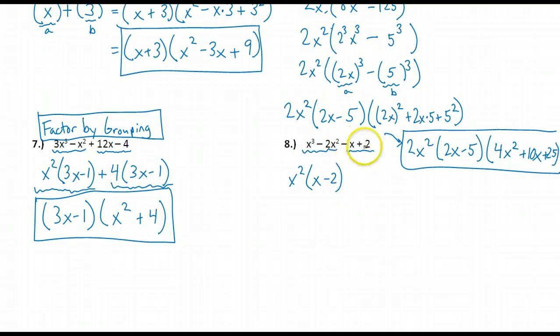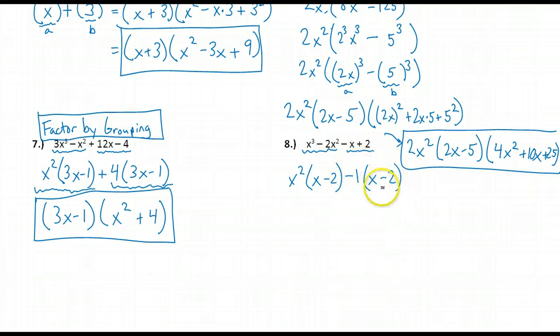And out of our second 2, I'm going to actually factor out a negative 1. Now if I factor a negative 1 out of negative x squared, I'm left with positive x. And if I factor a negative 1 out of positive 2, I'm left with negative 2.